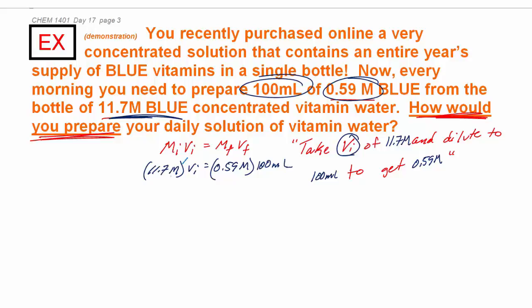Notice the units that cancel out. Molarity cancels. Vi is going to be in units of milliliters. We didn't even need to convert to liters, right? Just leave it in milliliters. It works. So take 0.59 times 100, 0.59 times 100 divided by 11.7.